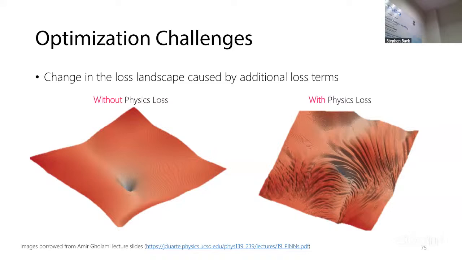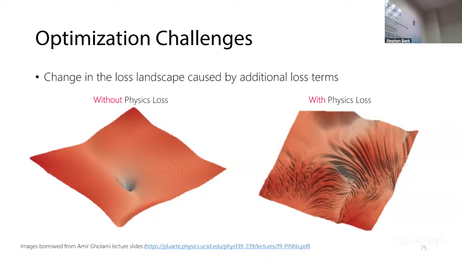So this is a graphical visualization of the loss function, the mountain that we're climbing, or the reverse image of the mountain that we're climbing down. The moment we add physics laws, we start to have lots of wrinkles. And in terms of the gradient descent solver, if you have lots of wrinkles, it is inherently more difficult to optimize.